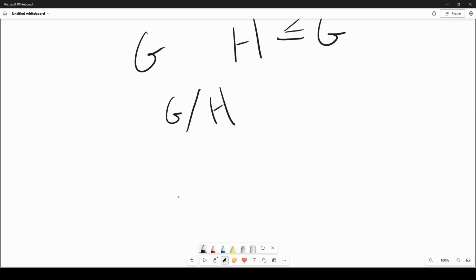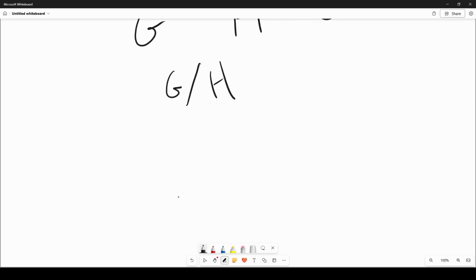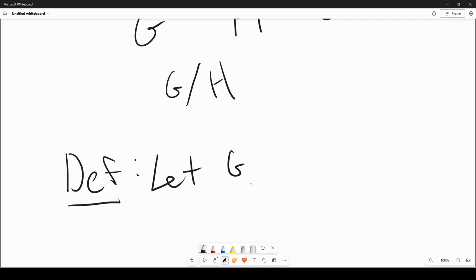So if you're given two groups, G and H, you can define the product of G and H. So let's define that. It's a relatively straightforward idea. Let G and H be groups.